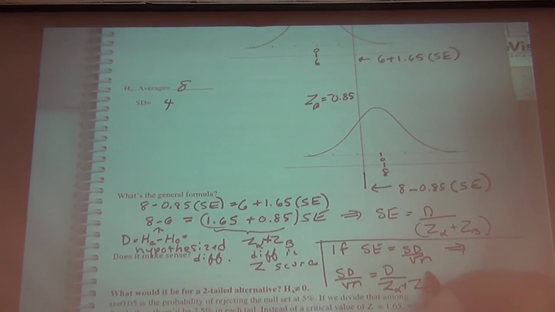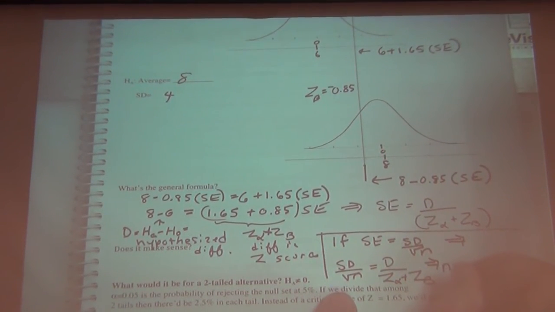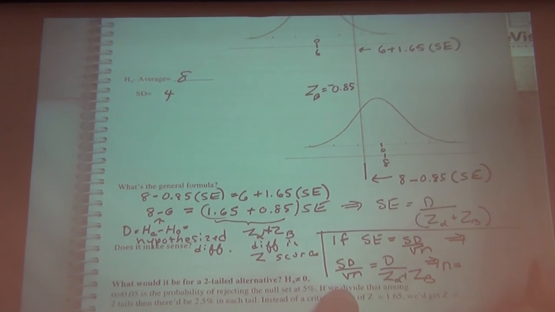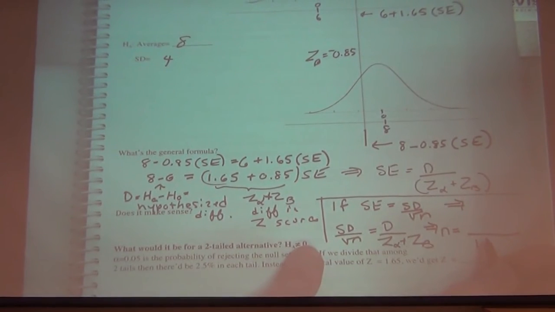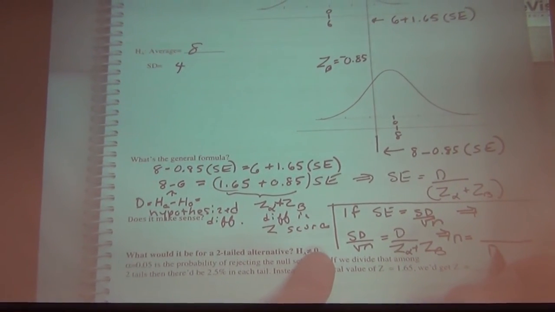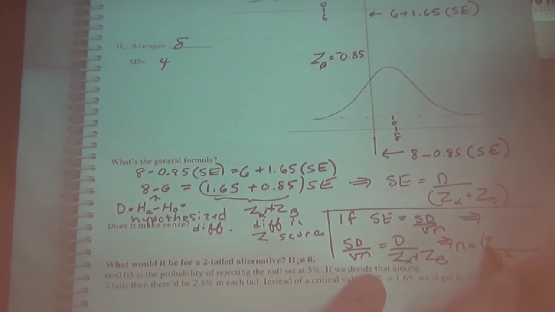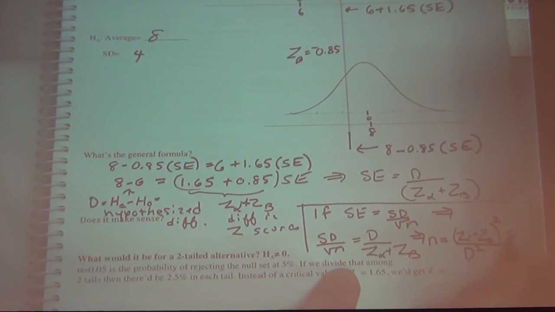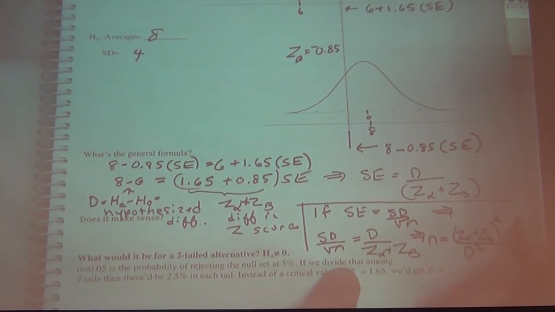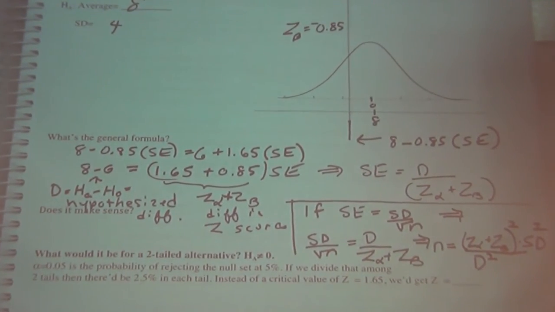So N would be equal to, D would be in the denominator, and everything has to be squared. And then we'd have Z alpha plus Z beta squared times SD squared. This is just algebra. And that's the formula you could use for that particular case. Okay?